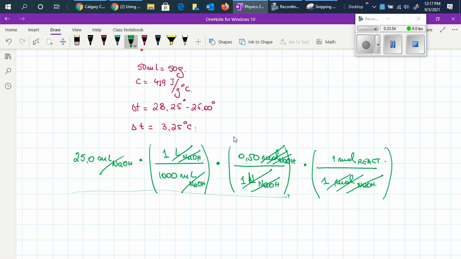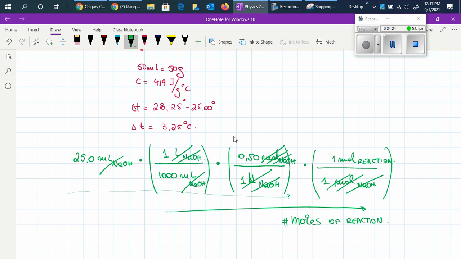Okay, so now when you enter in your calculator 25.0 times 1 times 0.5 over 1,000, then what you will have here is the number of moles of reaction.